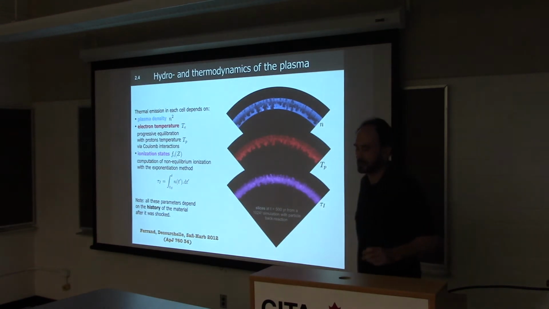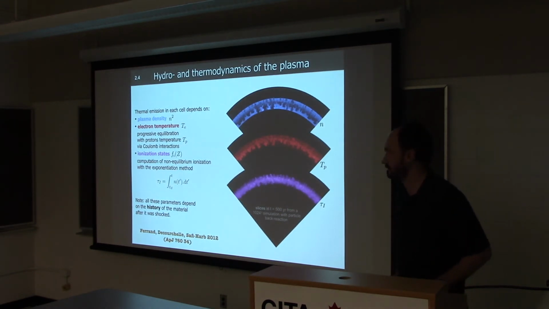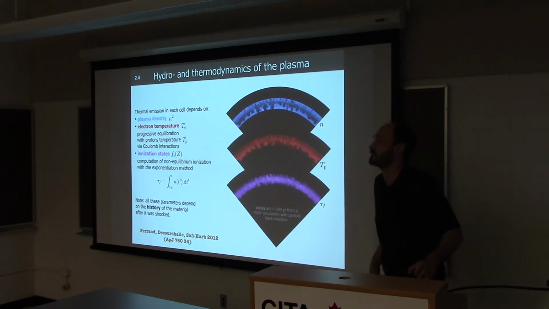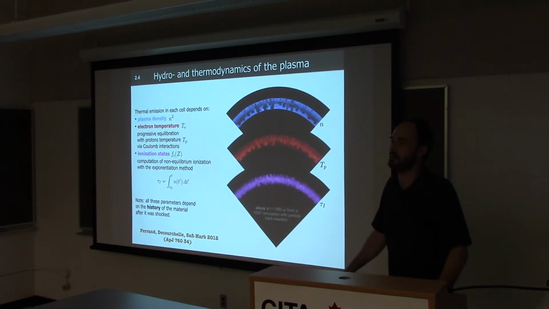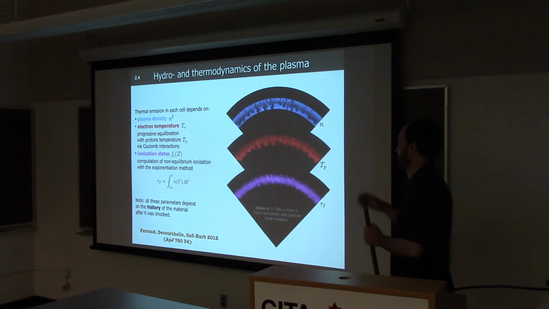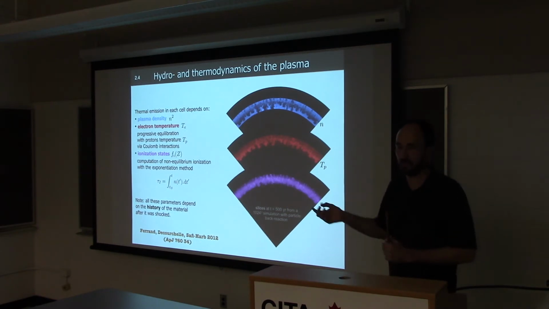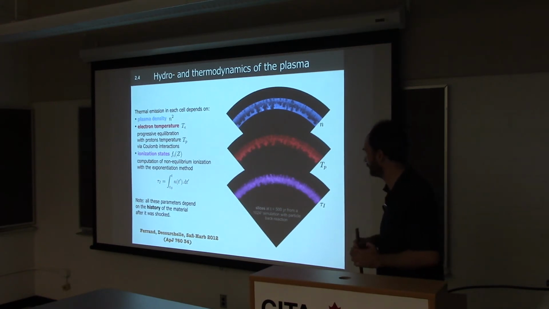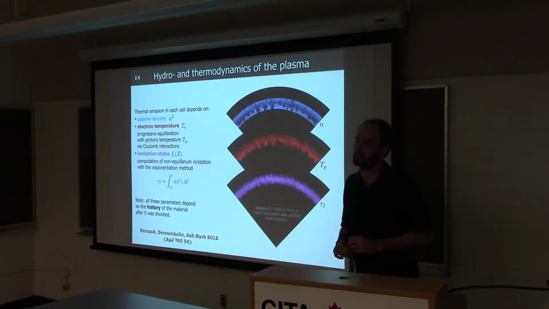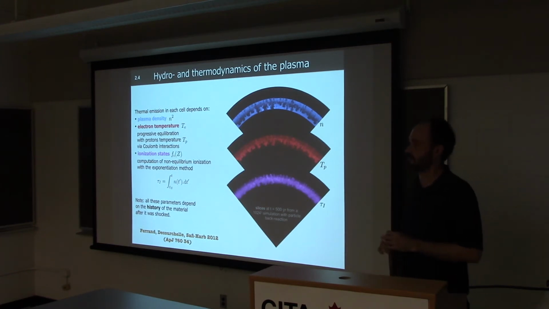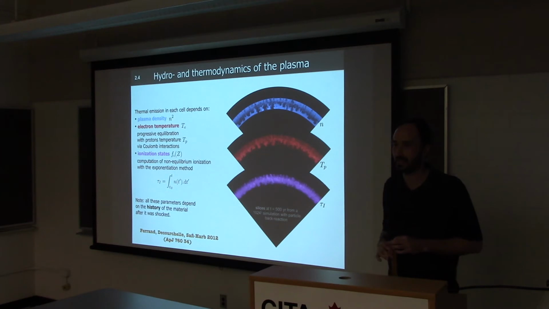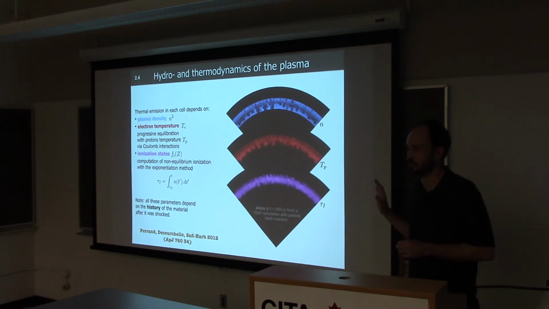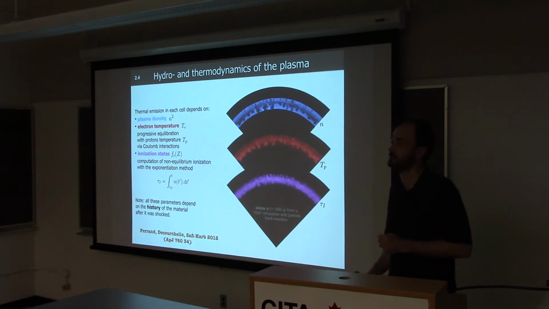And you need the ionization state of the plasma. A complication here is that young remnants are out of equilibrium. There are collisions between energetic electrons and ions, and eventually all the species will reach some equilibrium state. But these remnants are too young to reach collisional equilibrium, so you have to make a time-dependent computation.